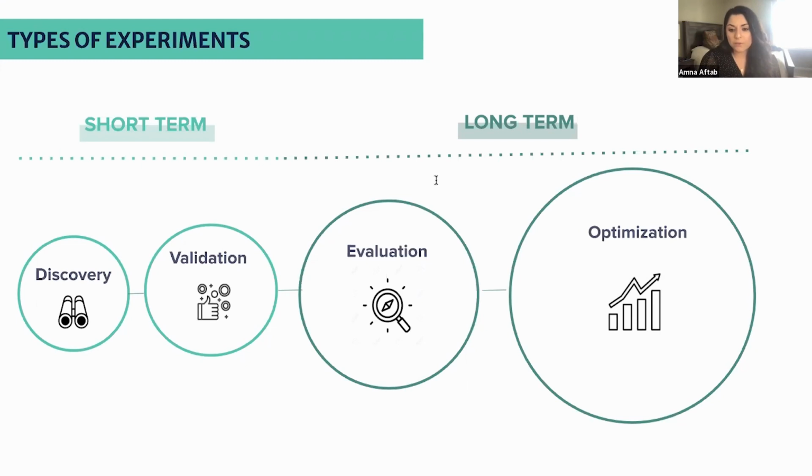Oftentimes these may be partial features or non-functional if the feature is not backed up by any significant research or data. So tech and product may be more reluctant to invest any significant effort into it. And again, significant effort is very relative. Significant to me may be very different than what significant is to another product manager. It's also based off of your team's velocity and other priorities that you may have.